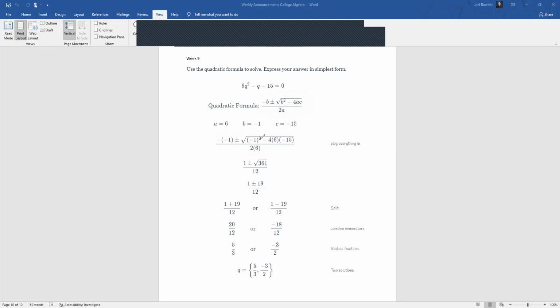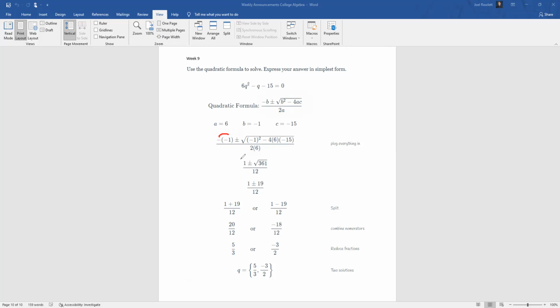Minus a -1 is a +1. That's how they get +1 here. They carry down the plus or minus. We know that -1 squared is 1. And we have 6 times 4, which is 24. Multiply 24 times 15.